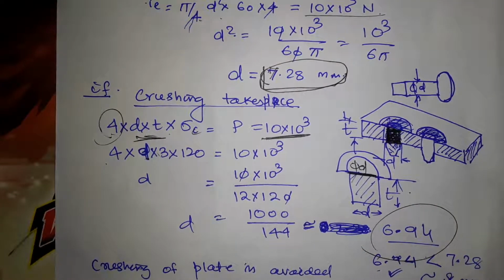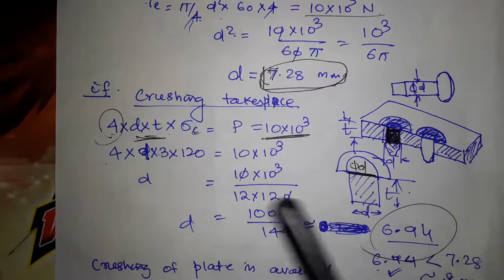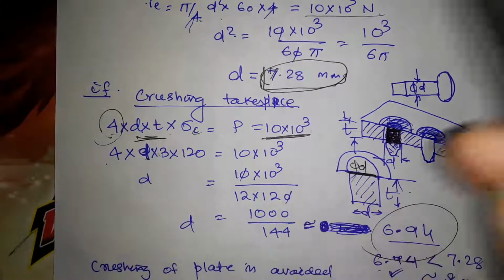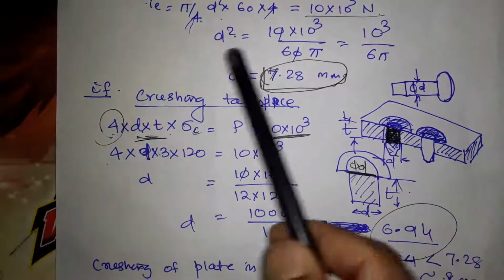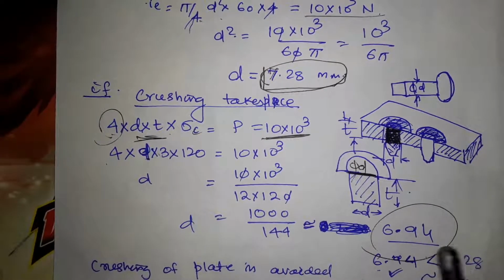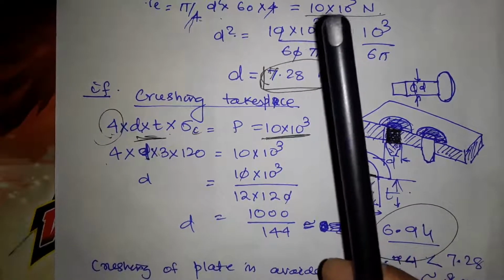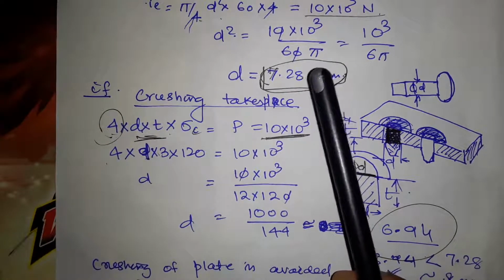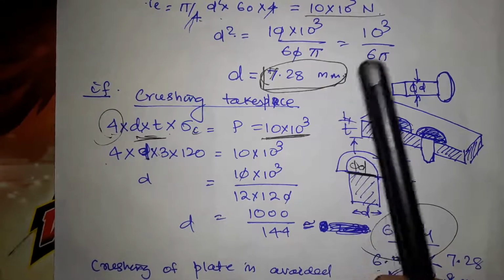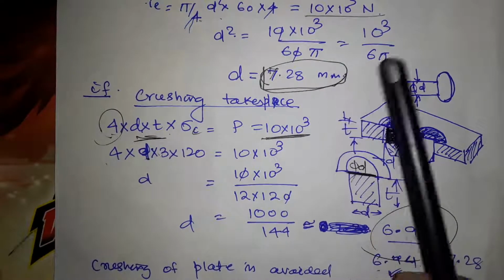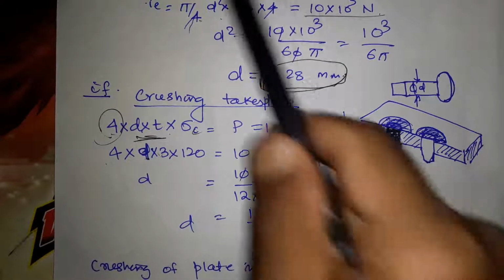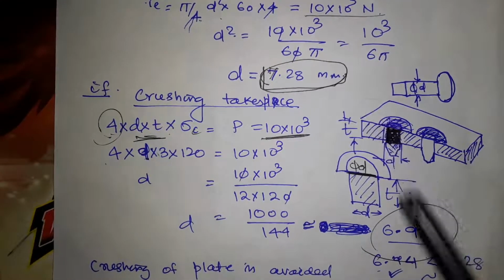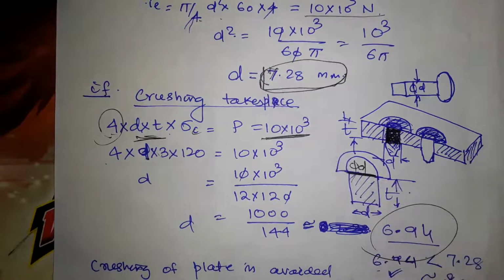That means if you take 6.94, it will sustain the crushing failure but it will not sustain the shear failure. But if you take the diameter to be 7.28, which is larger, it will take a load of 10 kilonewton and not fail in shear. So the largest of them is 7.28, so we will take 7.28.